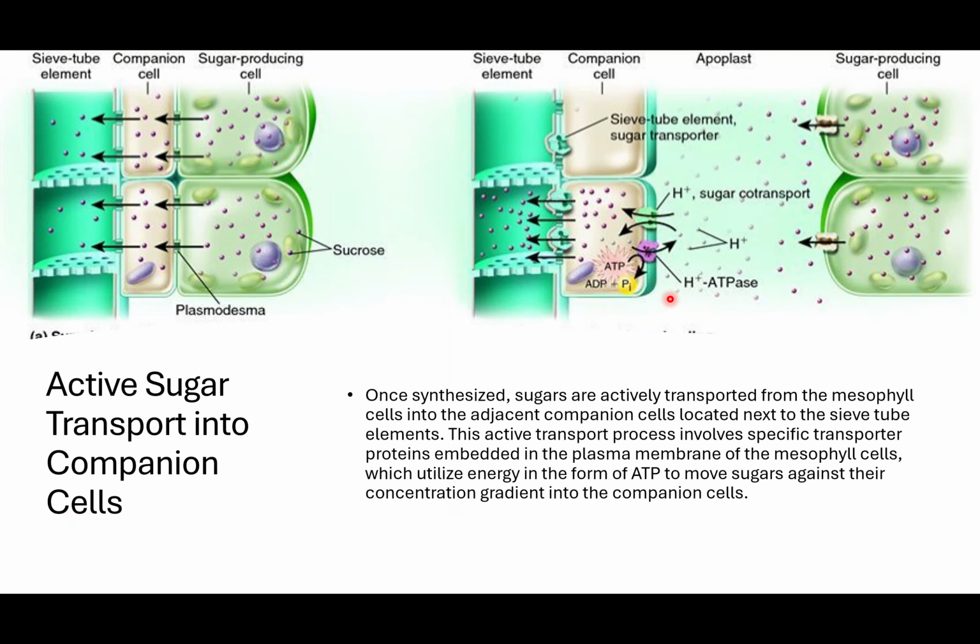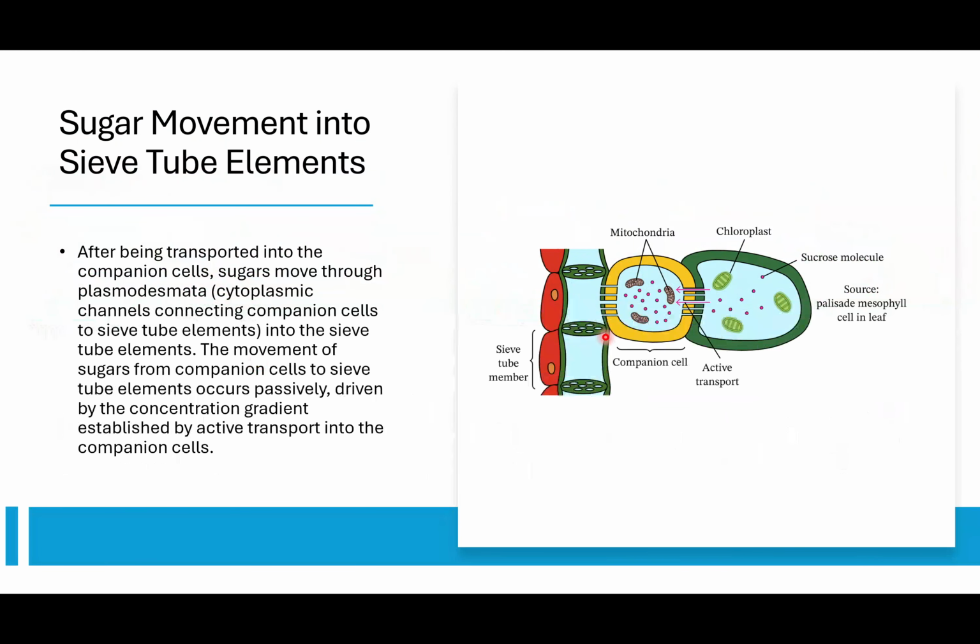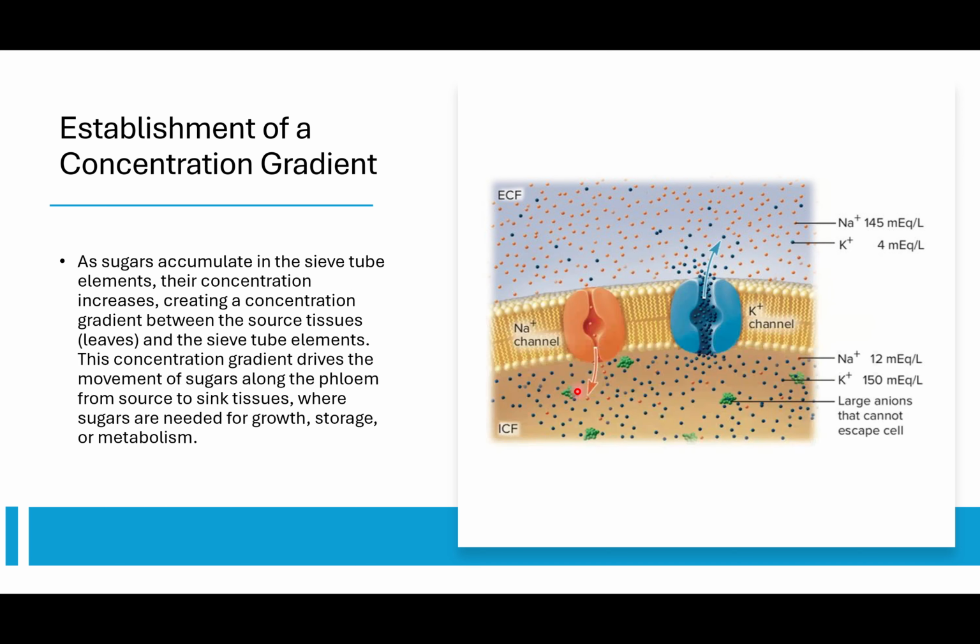So in this case, we're looking at the movement of sugars via active transport into companion cells, and then through the plasmodesmata into the sieve tube elements, right? So it's generally what I was explaining before.